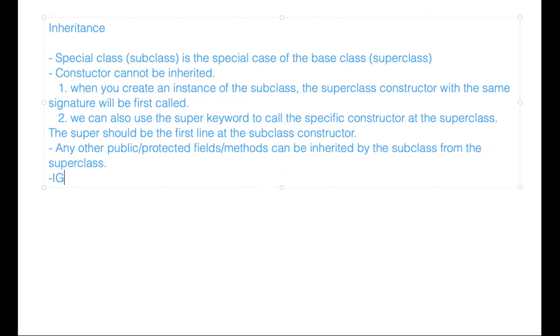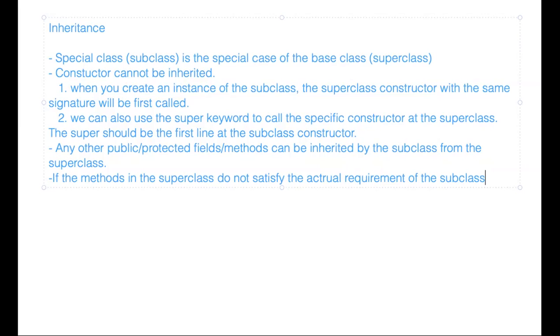If the methods in the superclass do not satisfy the actual requirement of the subclass, so the subclass may do something special but the method provided by the superclass is not that good, then the subclass can override the superclass method.